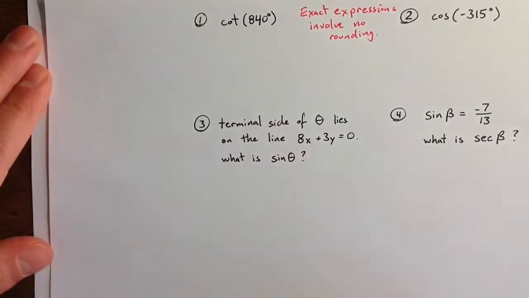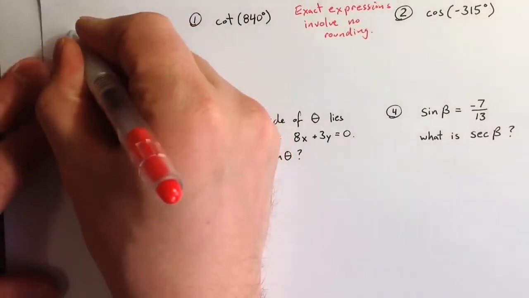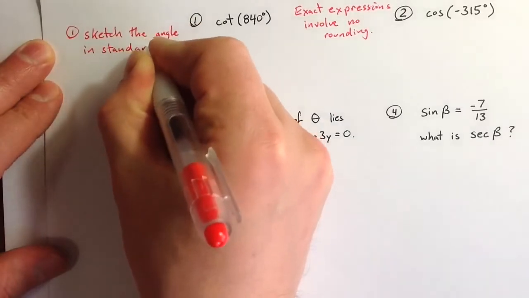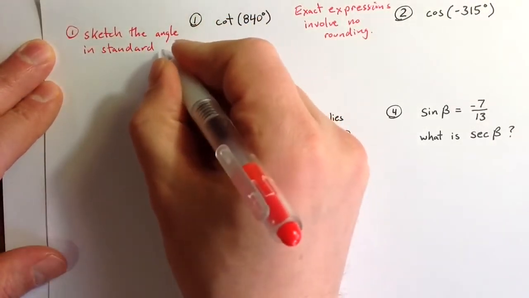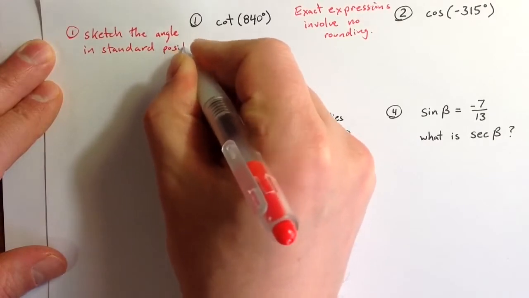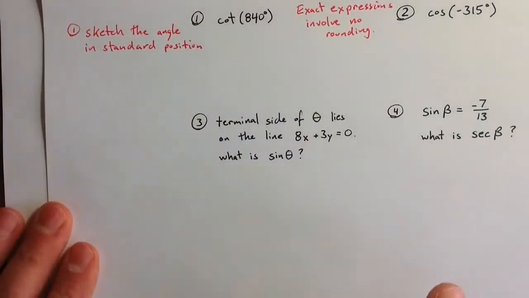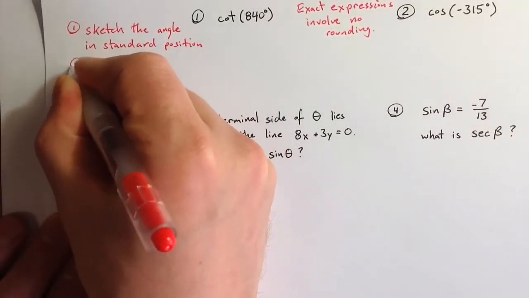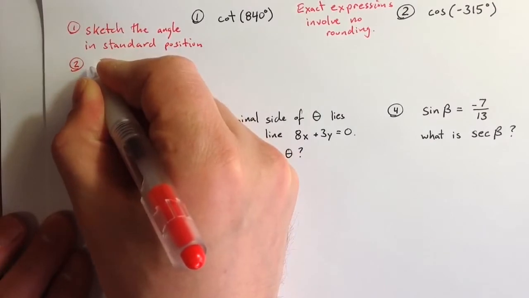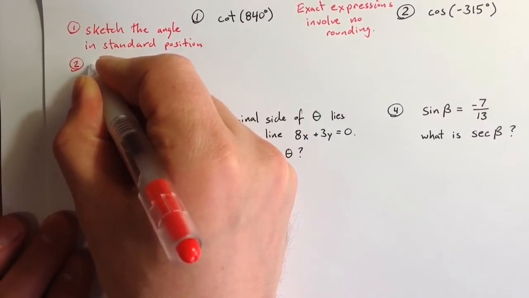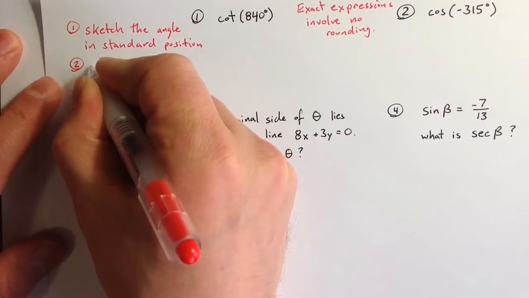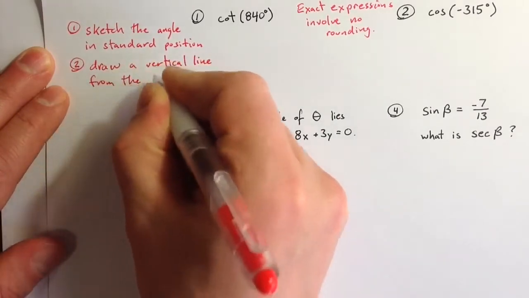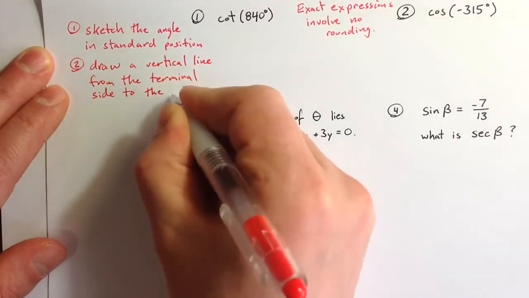As a general strategy, I can sketch the angle in standard position. For some of these problems, we won't know exactly what the angle measurement is, but we can still make a sketch that represents that angle. The second step is to draw a reference triangle by drawing a vertical line from the terminal side of the angle to the x-axis.